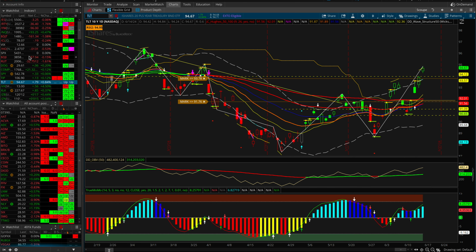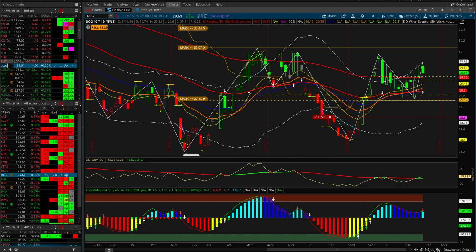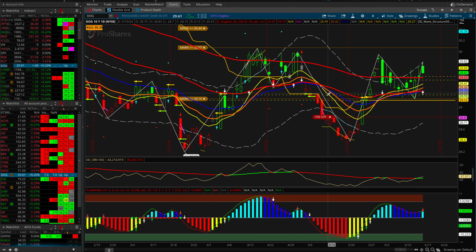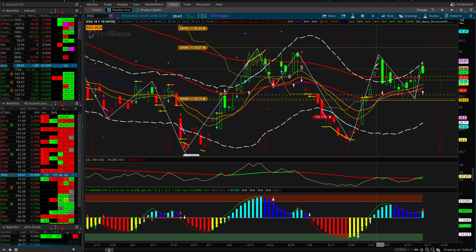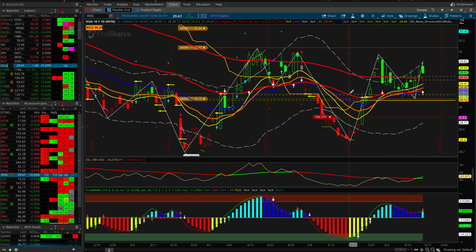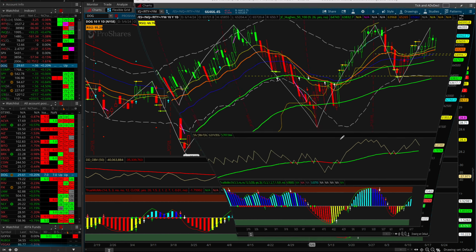And then I am in the inverse ETF for the Dow, and that's looking just fine. And that's obviously counter trend, because the 50 and the 100, the red lines here, are not crossed above, and they're not green.